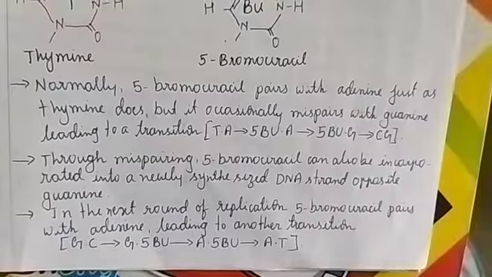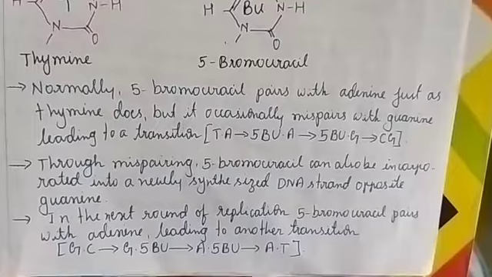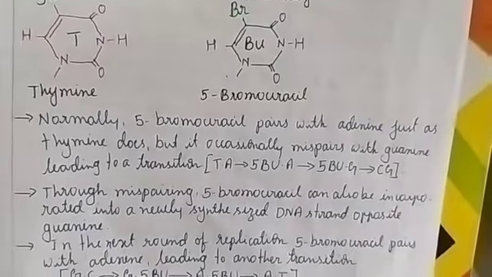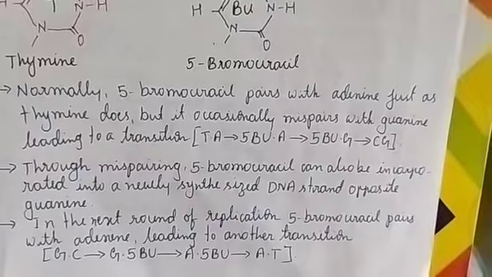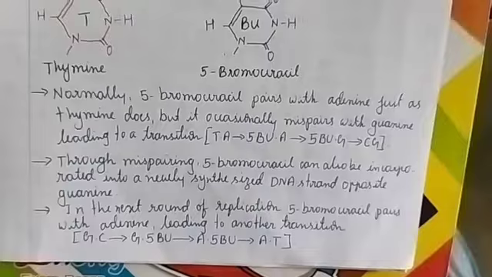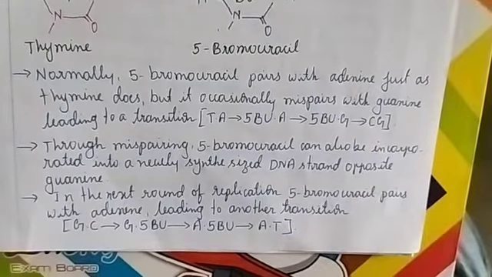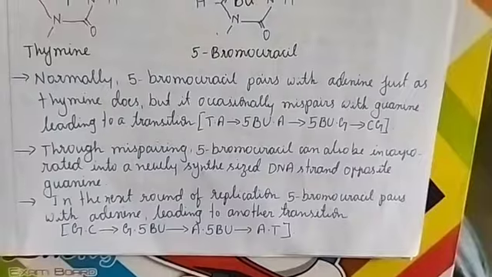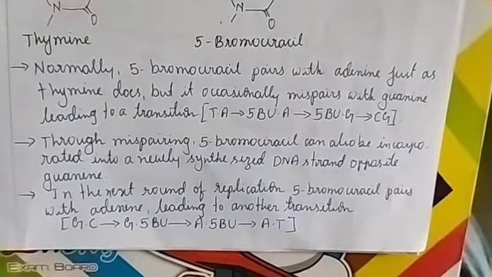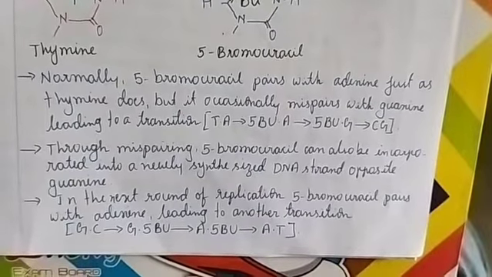Through mispairing, bromouracil can also be incorporated into the newly synthesized DNA strand opposite guanine. In the next round of replication, bromouracil pairs with adenine, leading to another transition.